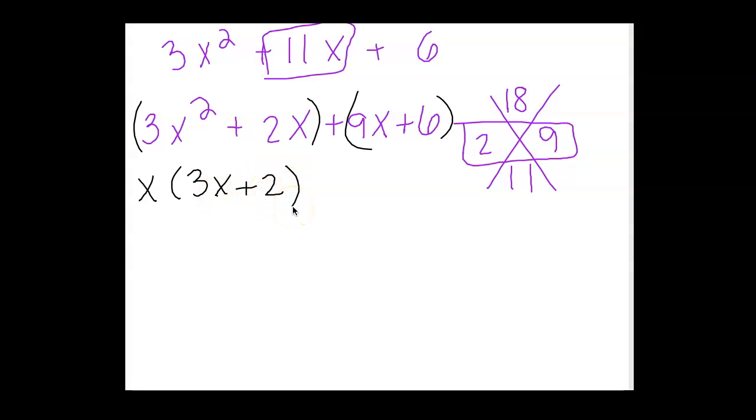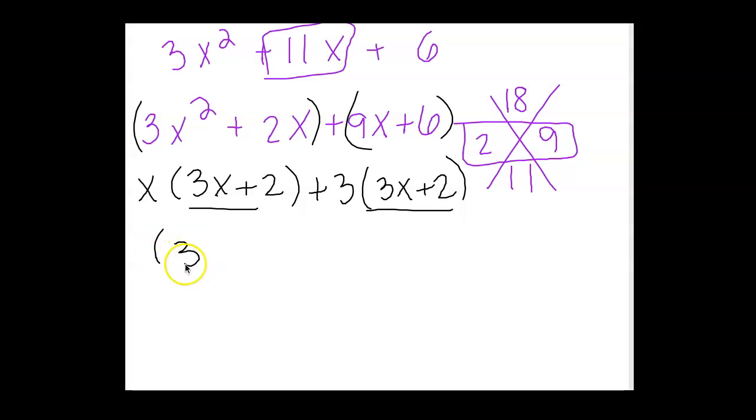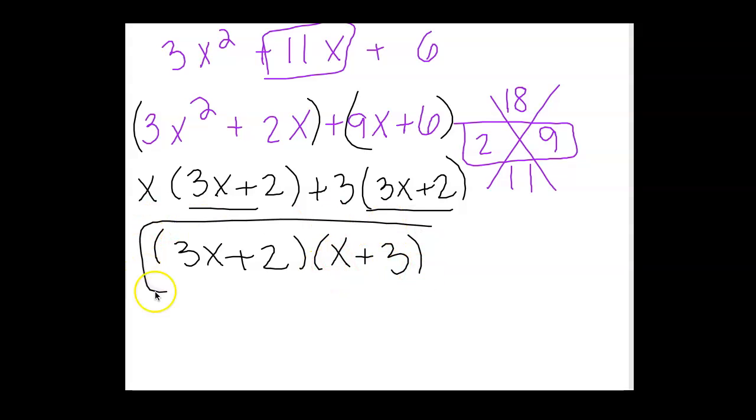Over here, 9 and 6 both divide by 3, leaving behind 3x plus 2. My middle terms have a GCF once again. So 3x squared plus 11x plus 6 in factored form is 3x plus 2 times x plus 3.